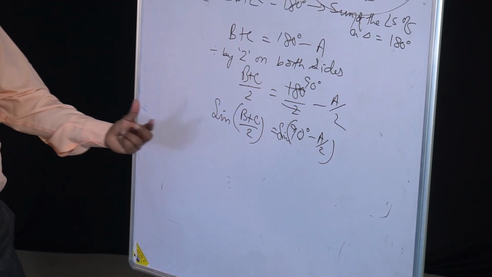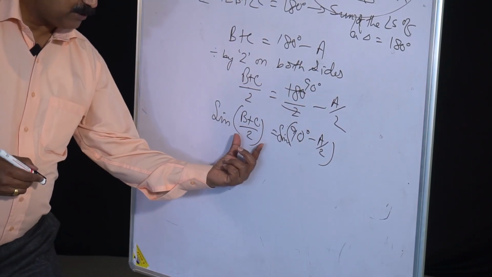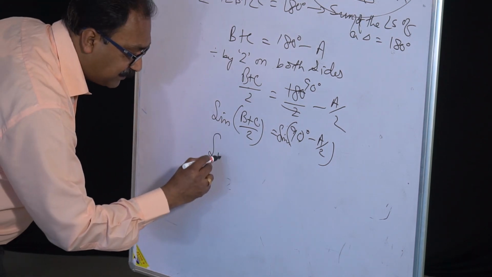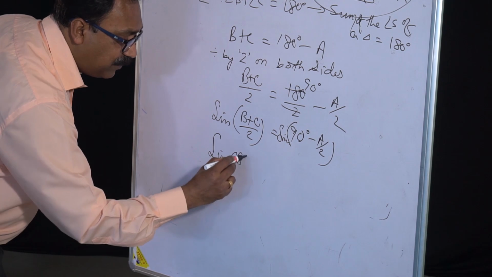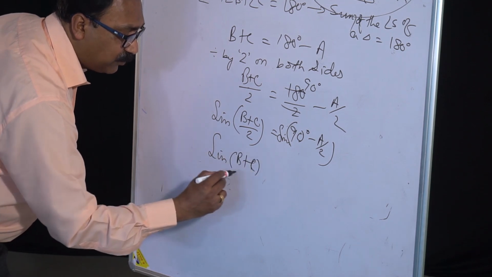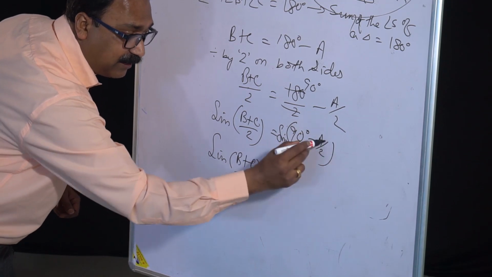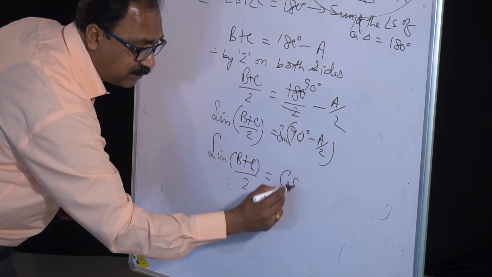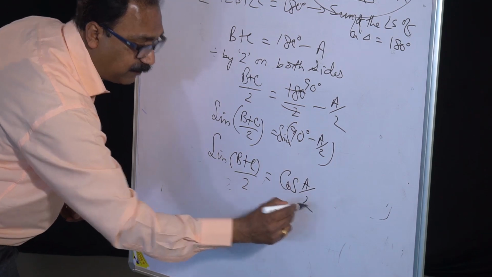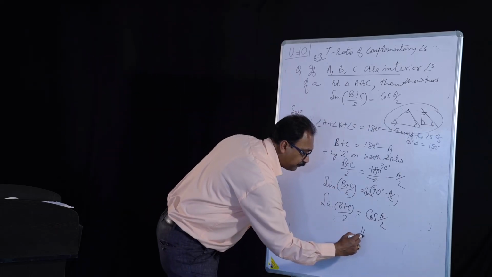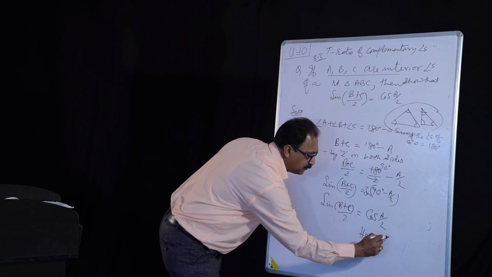Both sides sine, because the angles are equal. Now sine of (B plus C) by 2 is equal to sine of (90 minus theta). Think of it as theta. What is the formula? Cos theta, where theta means A by 2. Look at this, they asked to prove this. We got it. Hence proved.